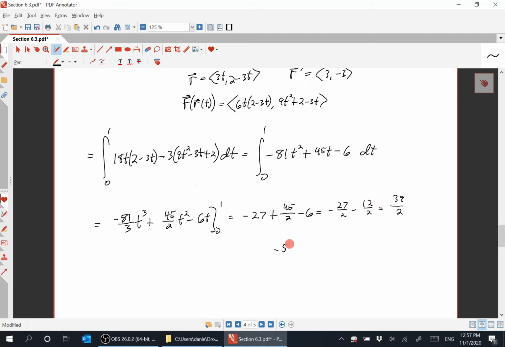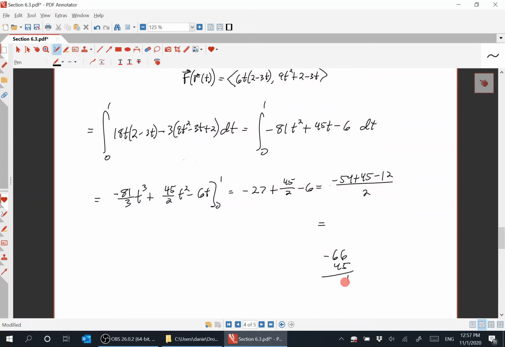So what's that? Let's calculate that. Minus 54 plus 45 minus 12 over 2. So that's minus 66 plus 45, 21. All right, same answer as before, as it should be.